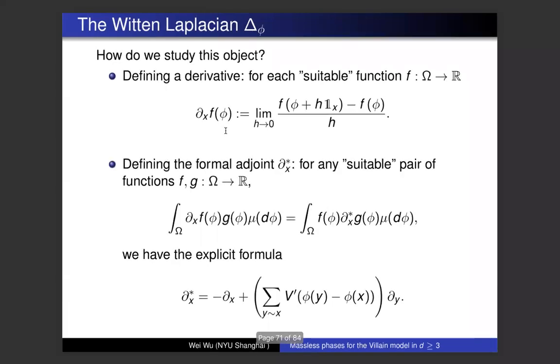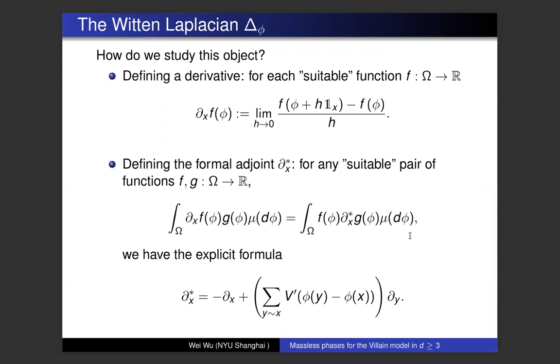You can also take the formal adjoint of this operator partial x when you integrate against the Gibbs measure, and you see that this adjoint is explicitly given by this form when we have the Gibbs measure given by the sum of V of grad phi.